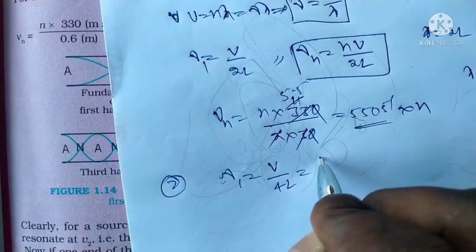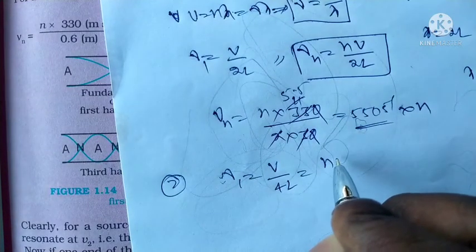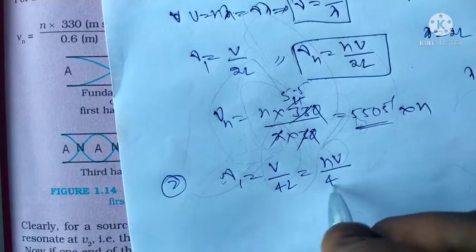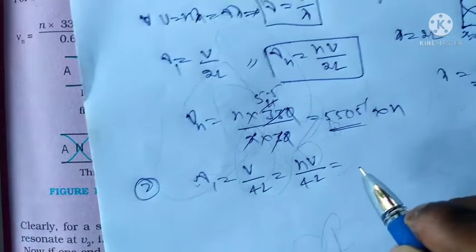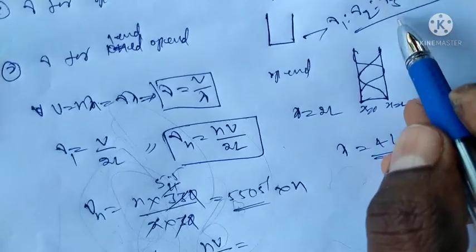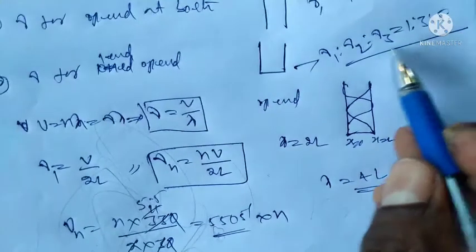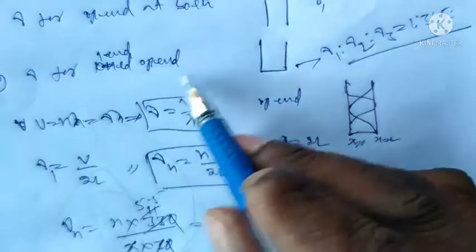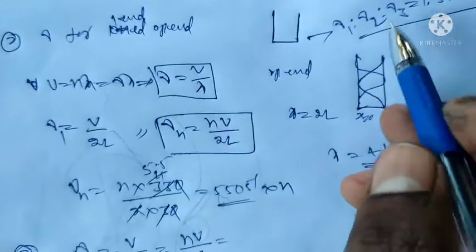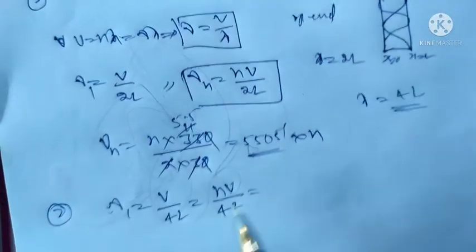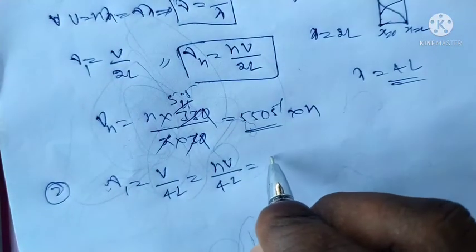For n modes, it is nV by 4L. The ratio of the frequencies is 1:3, with n equal to 1, 3, 5 like this.